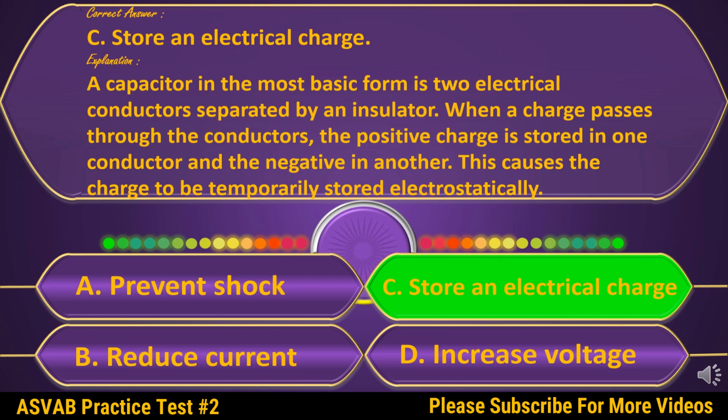A capacitor in the most basic form is two electrical conductors separated by an insulator. When a charge passes through the conductors, the positive charge is stored in one conductor and the negative in another. This causes the charge to be temporarily stored electrostatically.